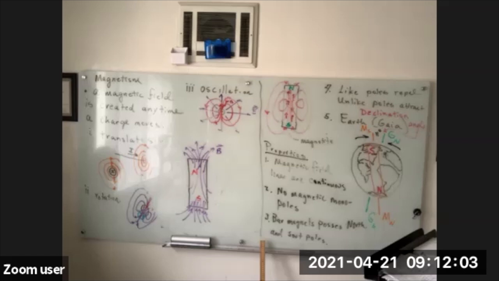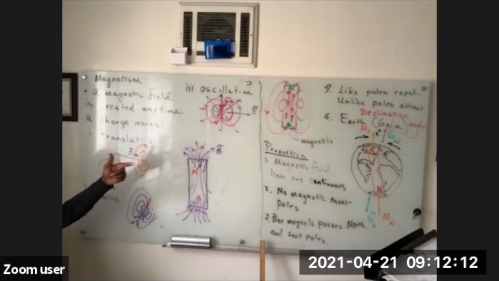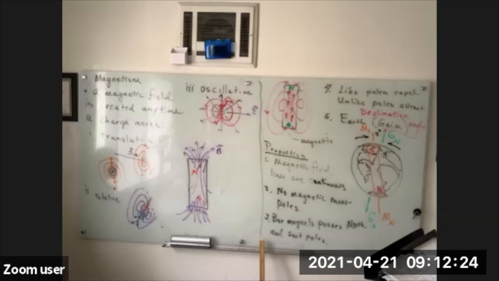So it's true that the North Pole on the compass needle is pointing to the geographic north, but that's because at the top of the Earth, it's attracted to a magnetic South Pole. I just want to reemphasize that. So it's a little bit counterintuitive when you think about it in terms of just strictly magnetic poles as opposed to geographic versus magnetic.